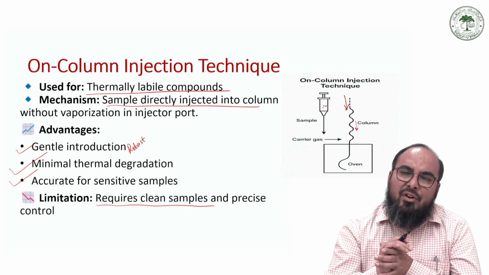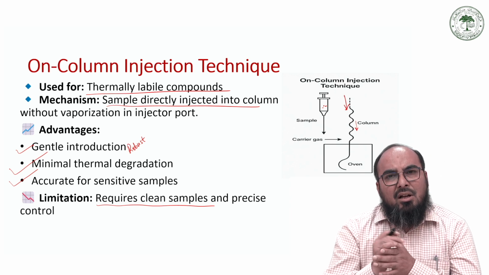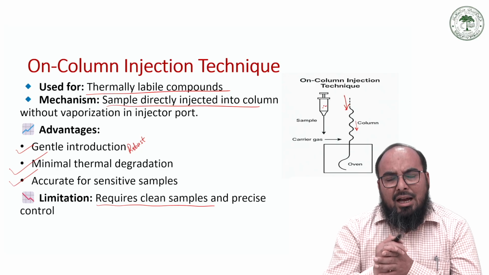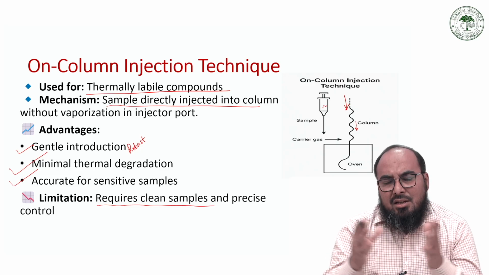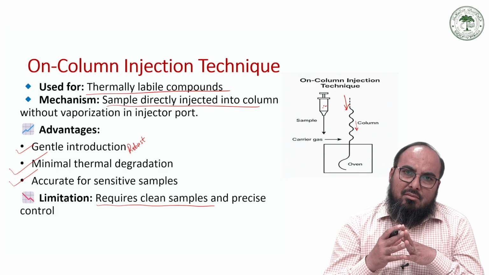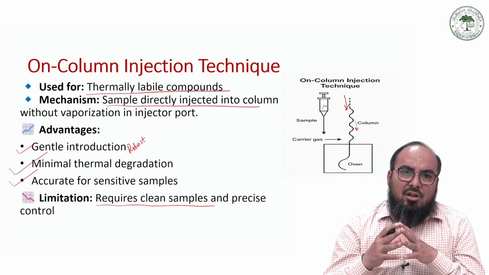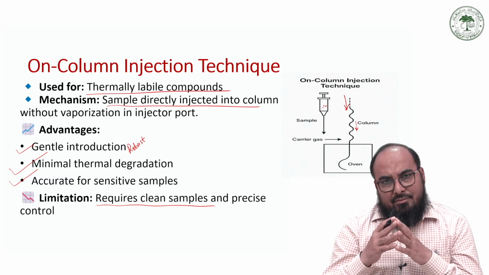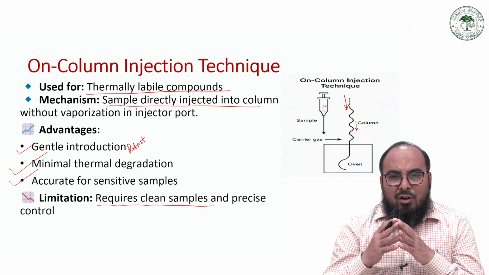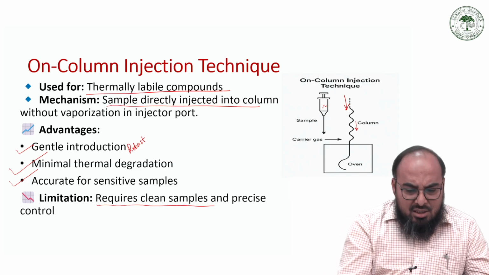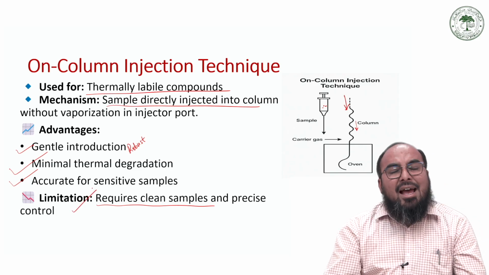For example, if your sample contains a little water, and hydrogen is the carrier gas, then it can lead to explosion. It can form explosive mixtures. So you have to avoid any impurity. Your sample must be as pure as possible.